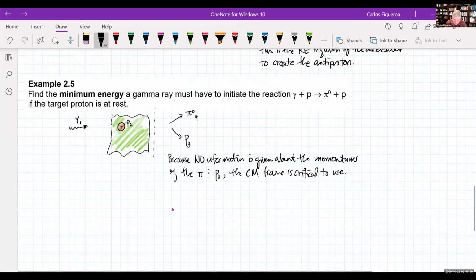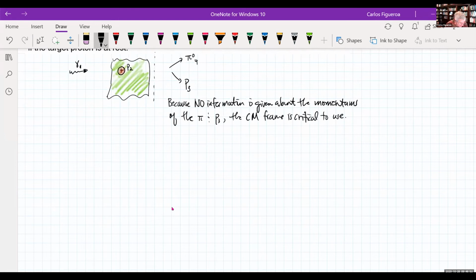So then, if that's the case, I could say the following thing. I know that I'm going to have some photon momentum coming in, and its energy is related to that momentum. When I look at the proton, it has zero momentum, but its rest energy is the mass of the proton.